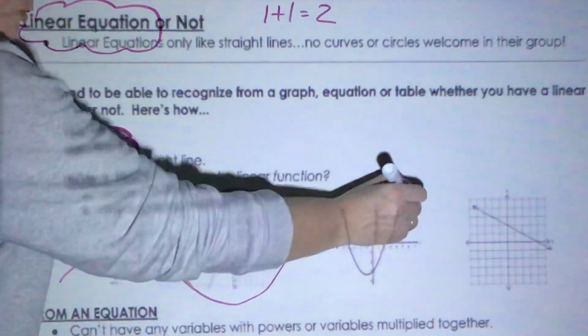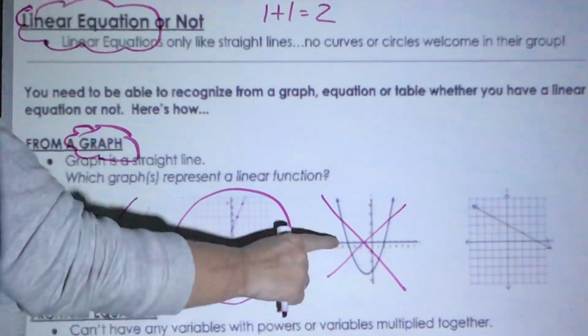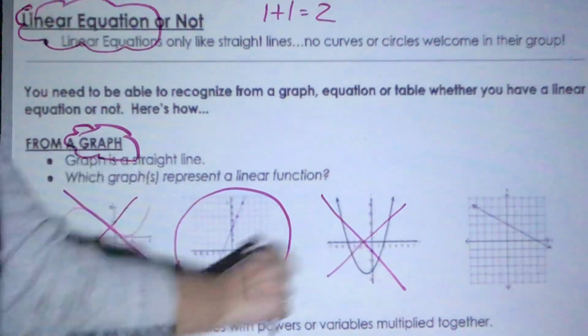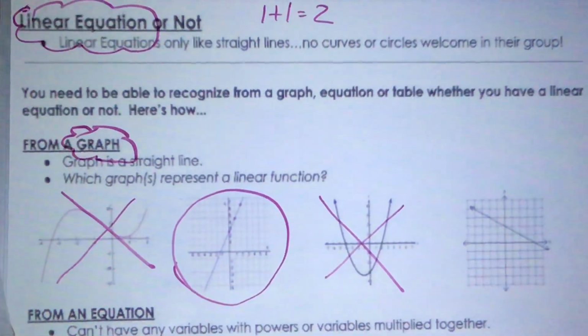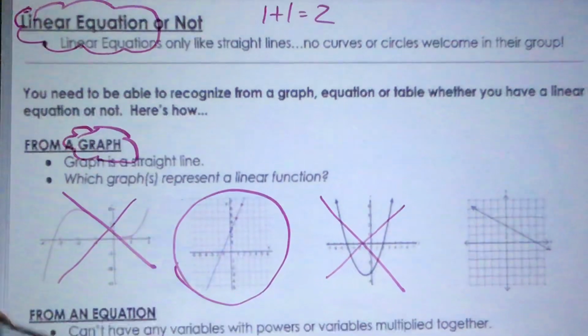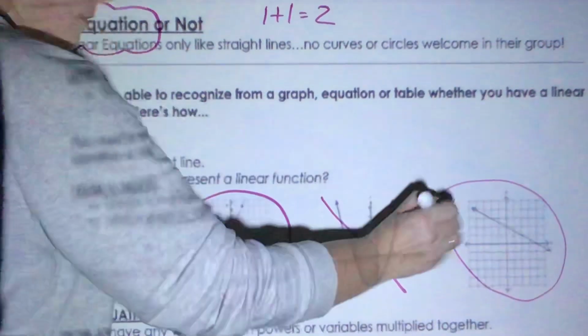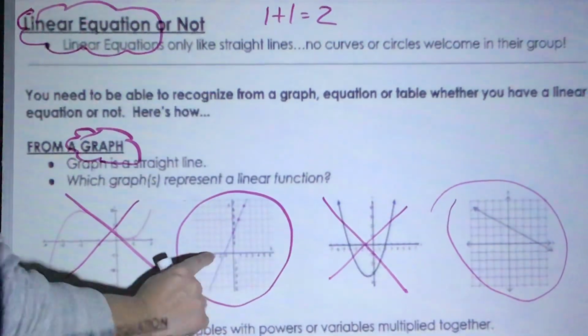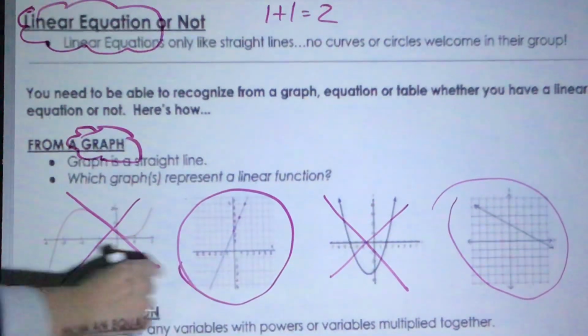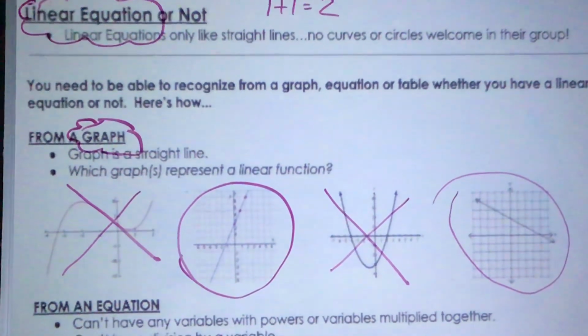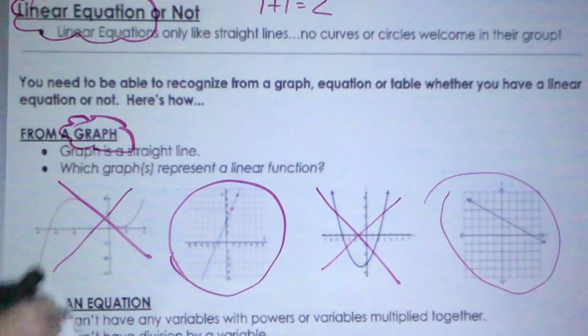The next one is not a linear equation. There is an equation that gives you this graph, but it's not linear. And then our last example is also linear, because we get a line. So these 2 graphs represent linear equations. Very easy to tell if a graph is linear.